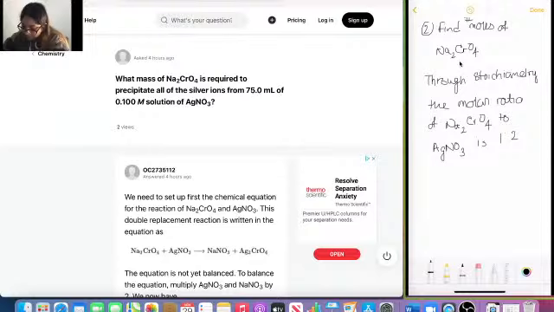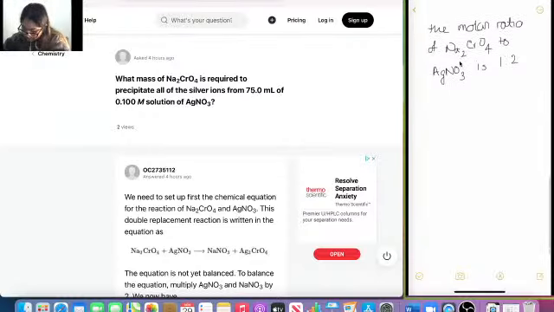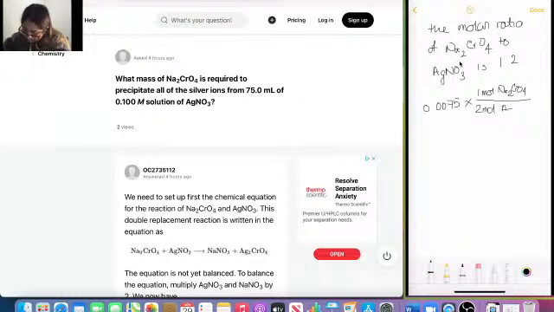So basically what you have to do to find the number of moles for Na2CrO4 is 0.0075, right, times 1 mole of Na2CrO4, divided by 2 moles of silver nitrate.